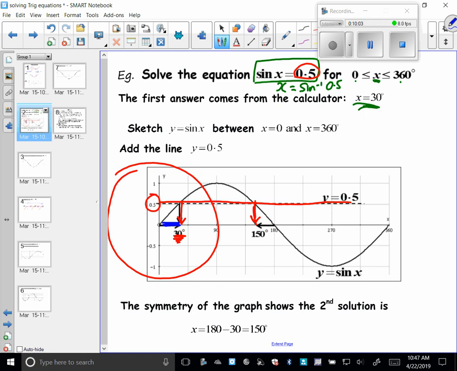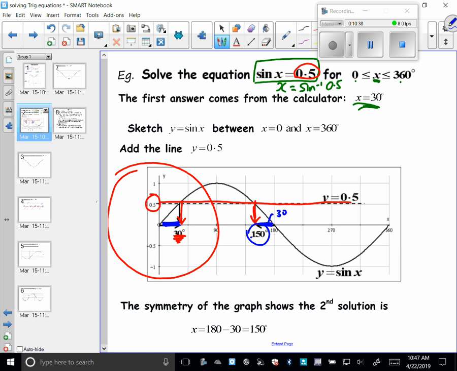This bump here is symmetrical, which means that if this portion represents 30, then this portion here must also represent 30. So our other value would be 150. The symmetry of the graph shows the second solution is 150. If you typed sine 150 into your calculator, you would also get 0.5.